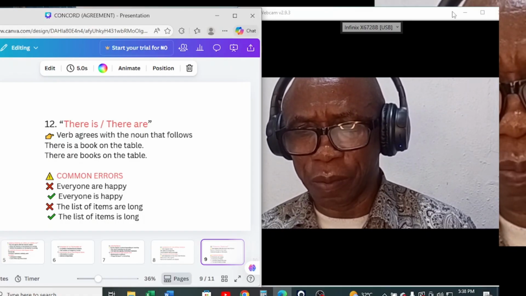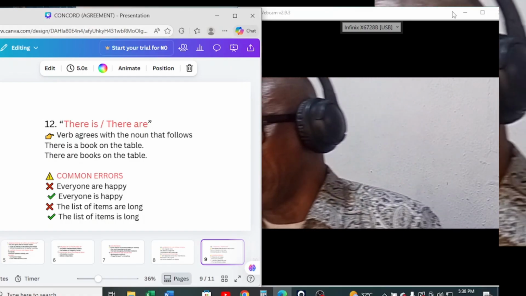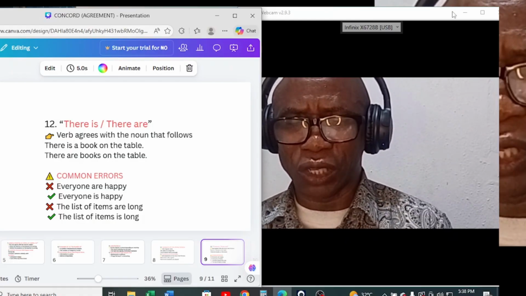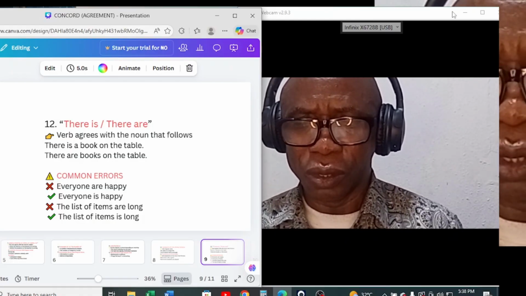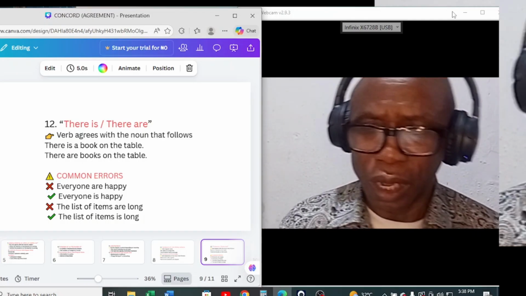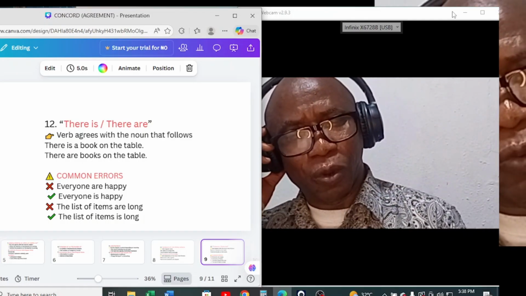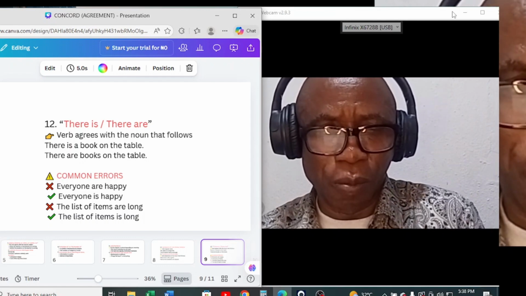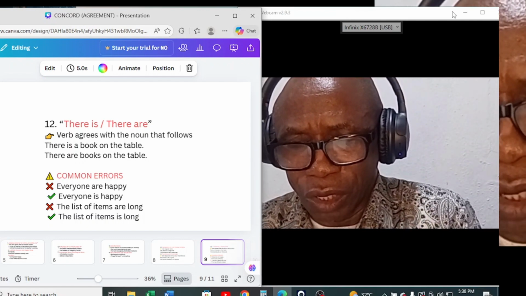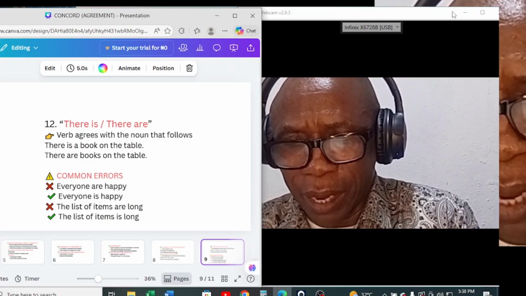These are indefinite pronouns. That is, it's not pinpointing somebody in particular. So when you use any of these indefinite pronouns, your verb will be singular. So when a student uses an indefinite pronoun with a plural verb, the student will be breaking the rule of Concord, and such a student will not get the mark.